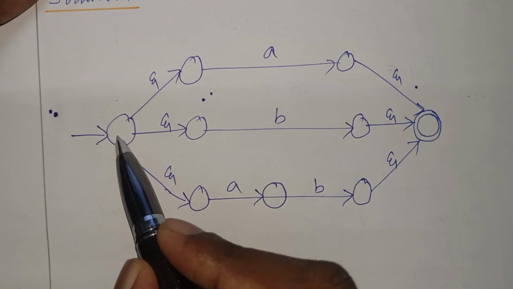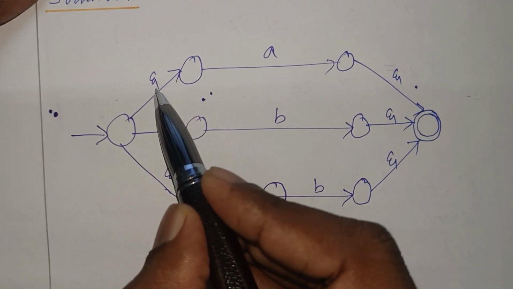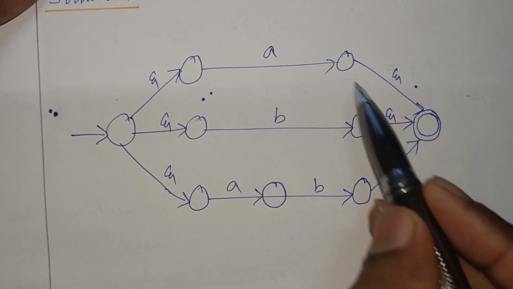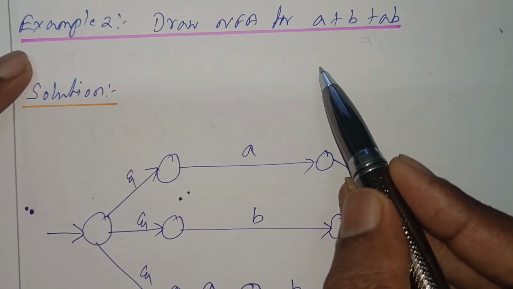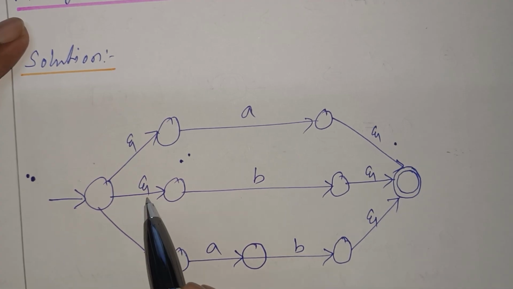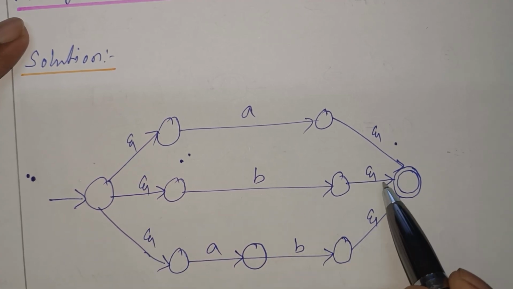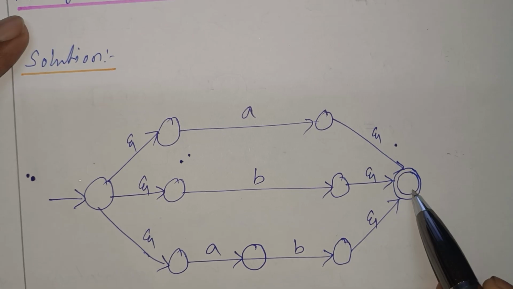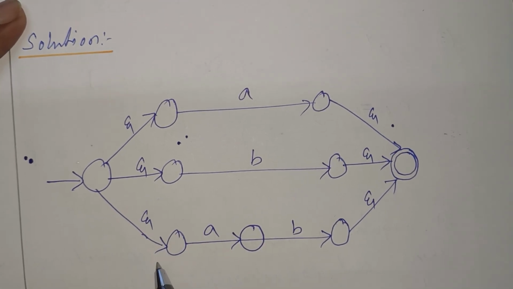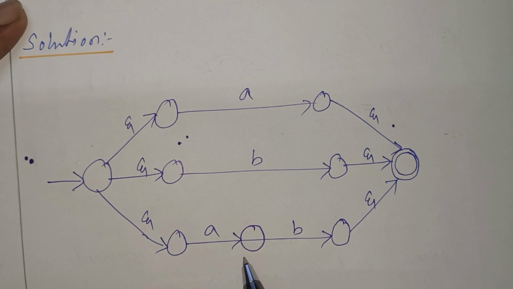Now you can see this is a start state and I am moving with an epsilon. This is a. Again I am moving with an epsilon to end up at this particular a. Now a is over. Again I am moving to this b. Again I am starting with this epsilon, moving b, again epsilon, moving to this particular end state. Again I am calling this epsilon to move to the concatenation process of ab.